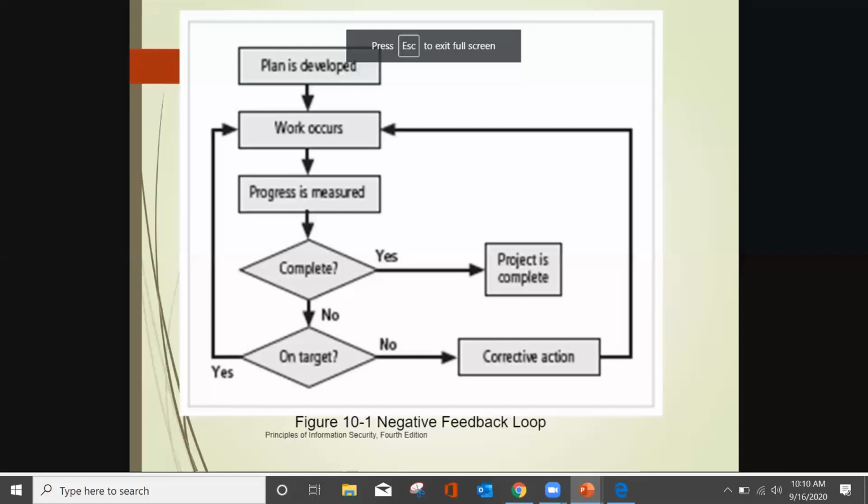Let's change something, let's correct. Let's consult our CIO or CISO and seek some advice, and then he will give us new work, and we have to go through this process one more time. Is this loop clear?